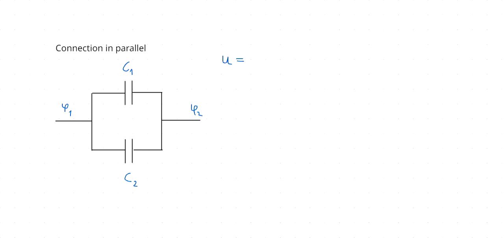So U, the potential difference, is equal to phi1 minus phi2.